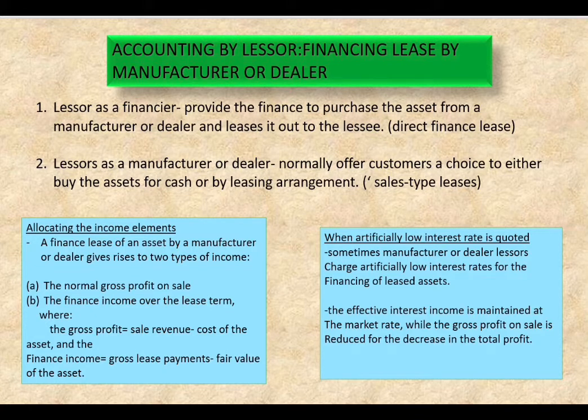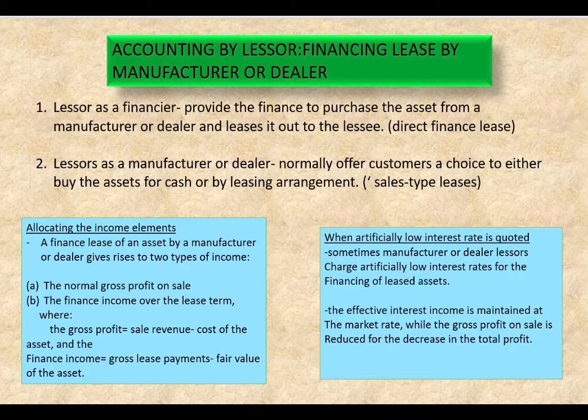In the lessee's book, it doesn't matter whether the lease is a direct finance lease or a sales type lease. But in the lessor's book, there are some minor differences between the accounting for a direct finance lease and a sales type lease. So let's see how they allocate the income elements.